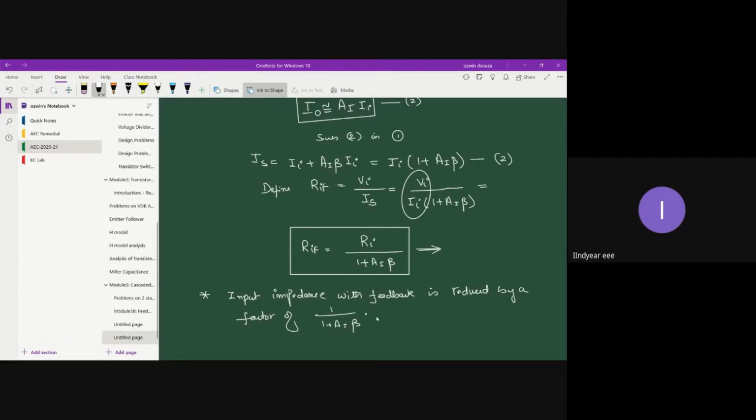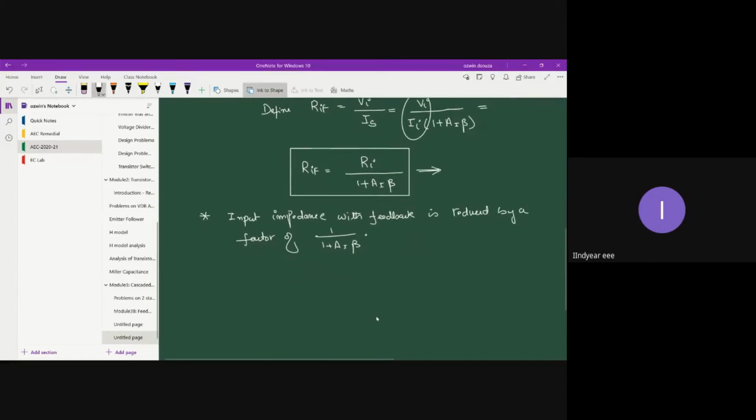So that's the effect of feedback on the input impedance of a current shunt feedback amplifier. All right. Now let us look into R naught F. How to determine R naught F of a current shunt feedback.